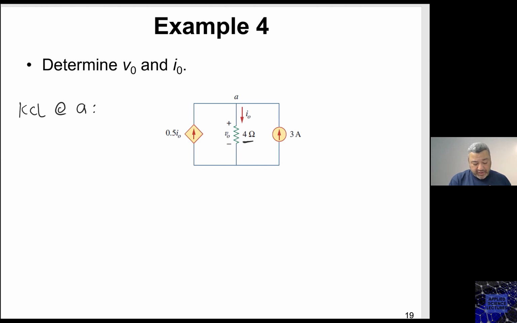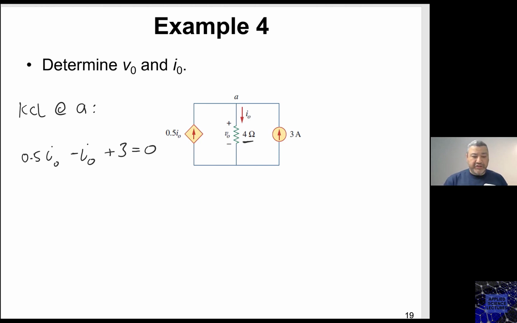So I have 0.5 I naught as positive, I naught that is leaving as negative, and 3 ampere entering as positive, equals 0.